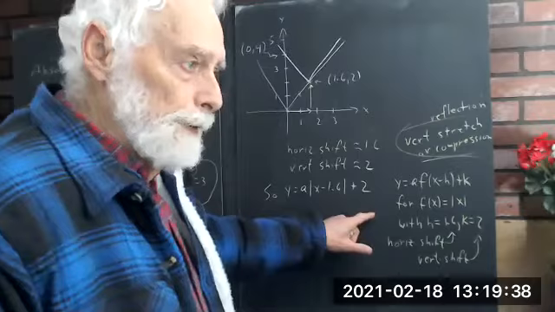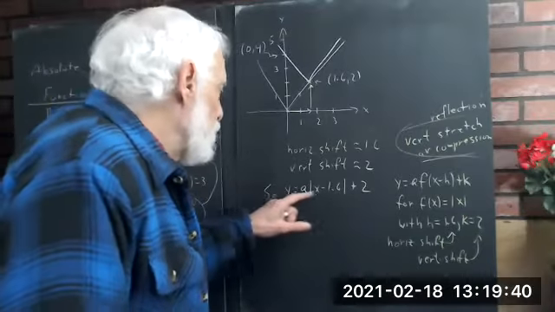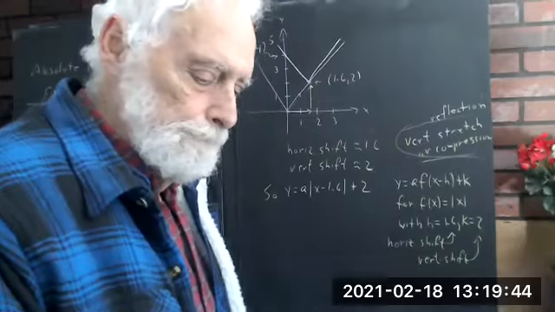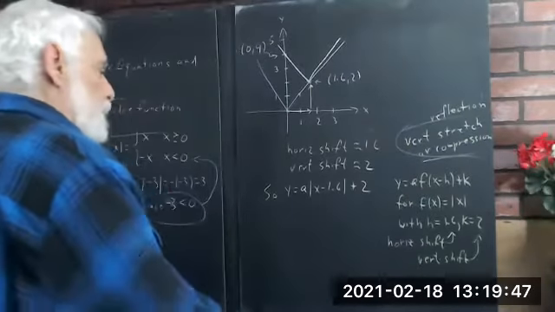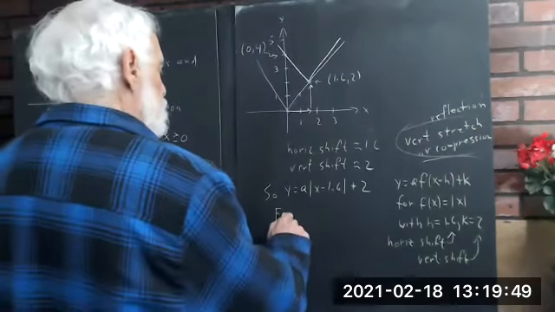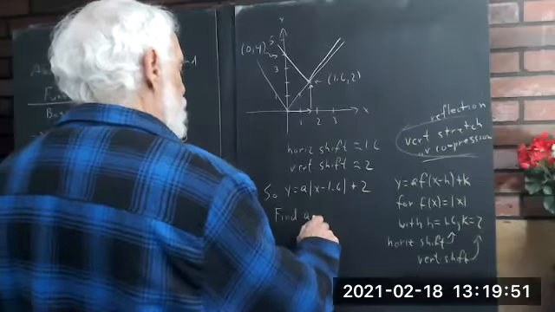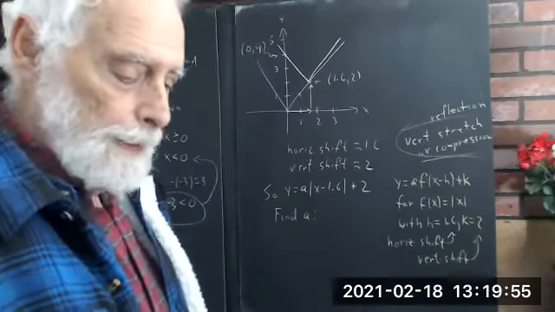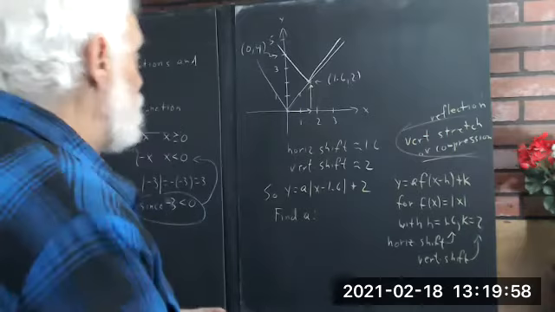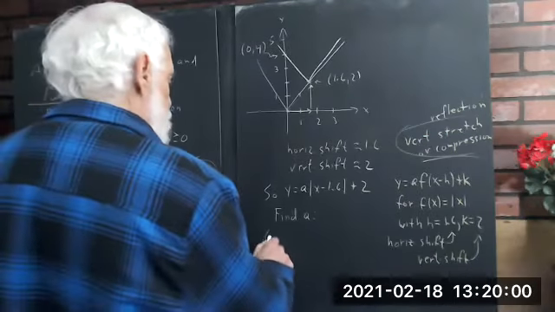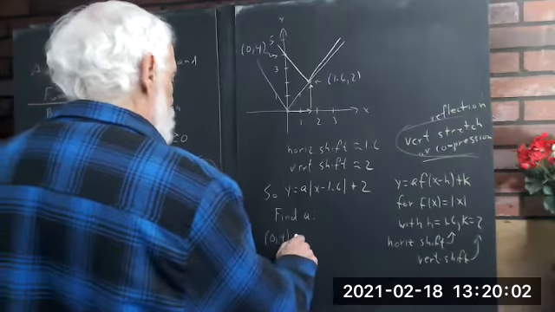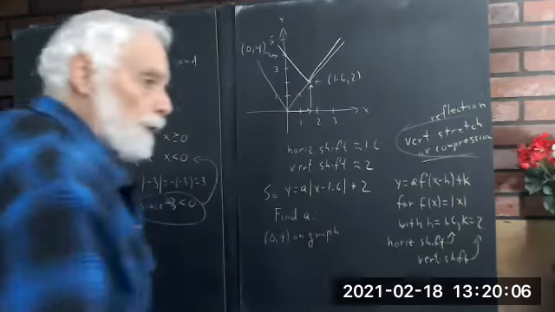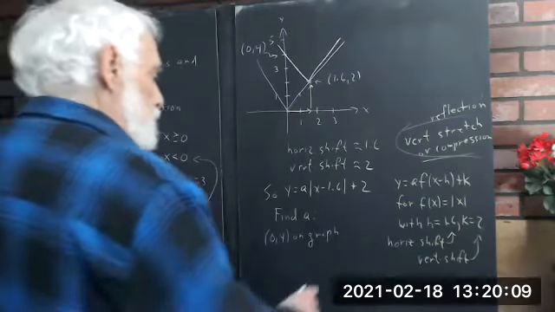So what we have here is we know the horizontal shift and the vertical shift. We can find A. To find A, the point (0, 4) is on the graph.